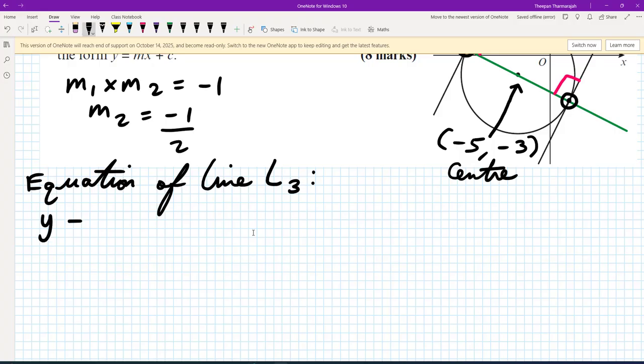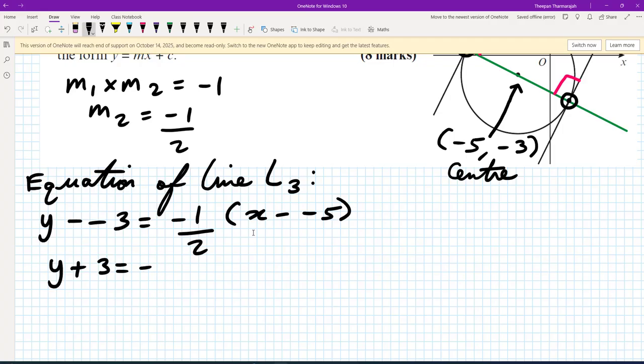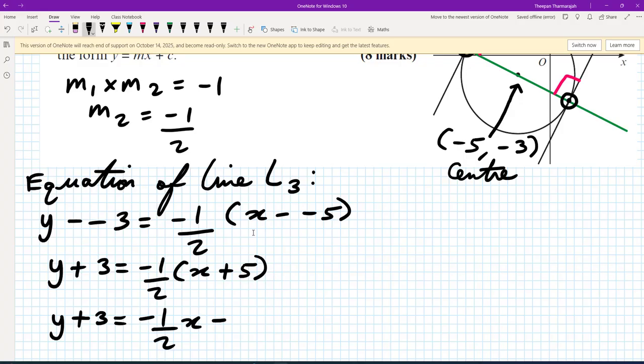y minus minus 3 is minus a half of x minus minus 5. So that works out to be y plus 3 is minus a half x plus 5. Expanding the brackets, y plus 3 is minus a half x minus 5 over 2.